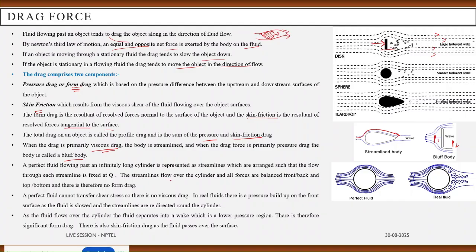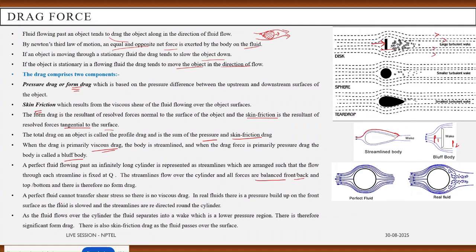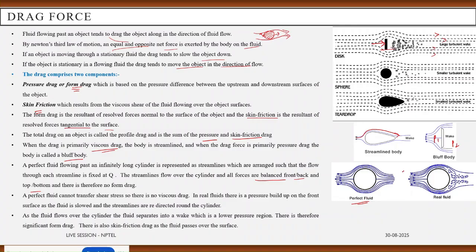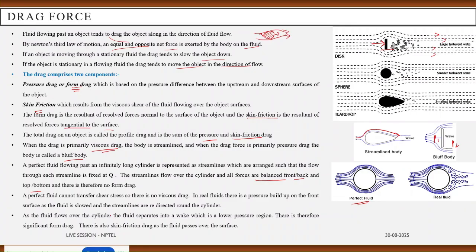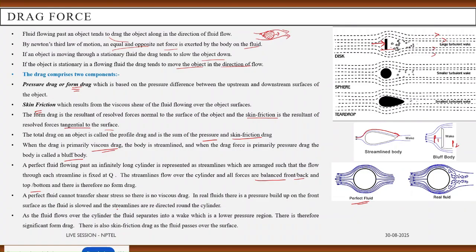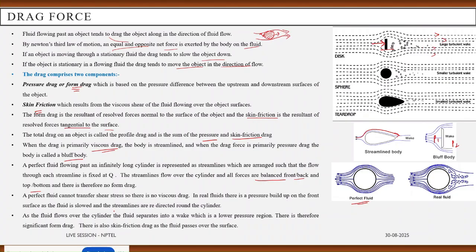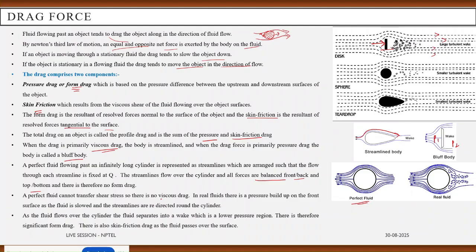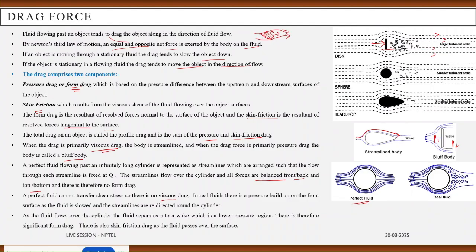The streamlines flow over the cylinder and all the forces are balanced, back and front, top and bottom, and there is no form drag. So this is what a perfect fluid means. Also the perfect fluid cannot transfer shear stress, so we cannot expect any kind of viscous drag.